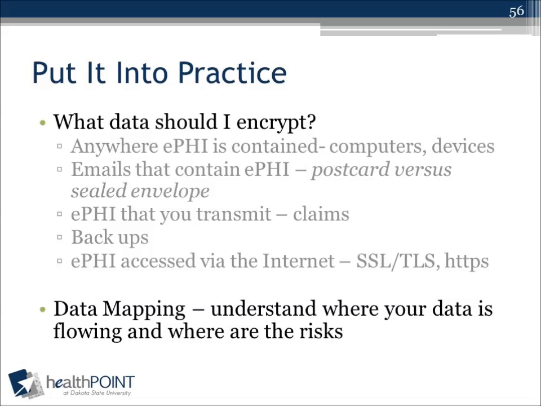You can know that this is a secure line. And then also data mapping, understanding how your data flows so you know where the risks are. So if there aren't firewalls or if there isn't encryption in transport, you know that you have to go ahead and start implementing some encryption processes.